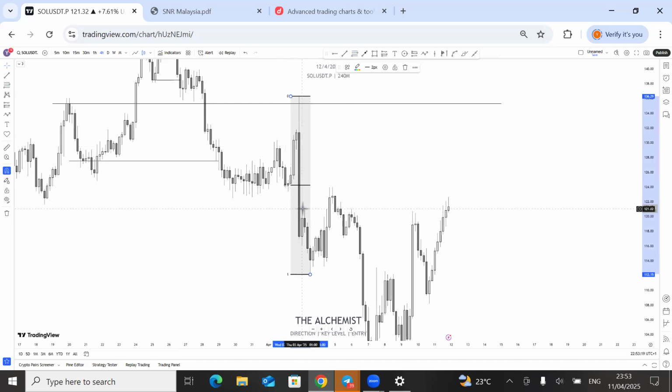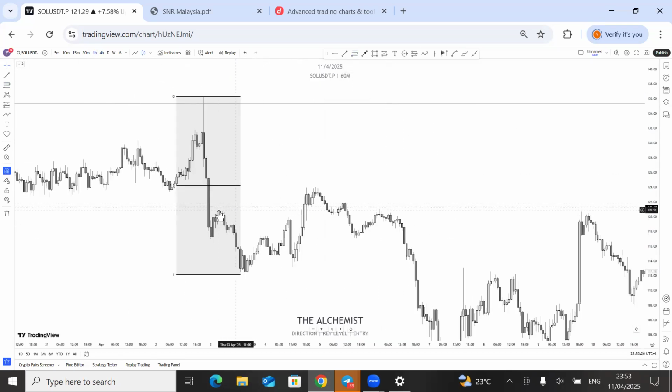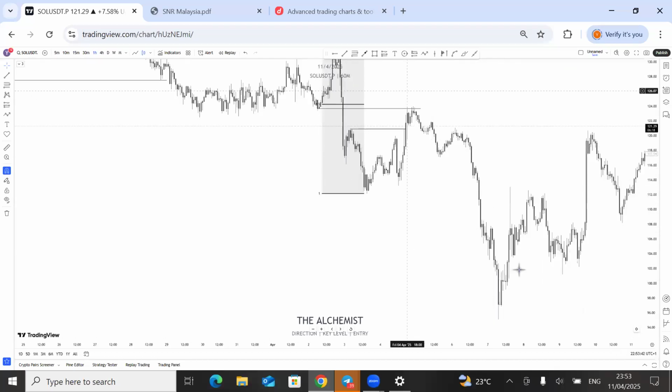This one has this pullback as liquidity. Let's work on it. On the 1 hour time frame, this is one as liquidity. The B shape turns into an E shape. Price tapped there, and we had this sell from here to this point.